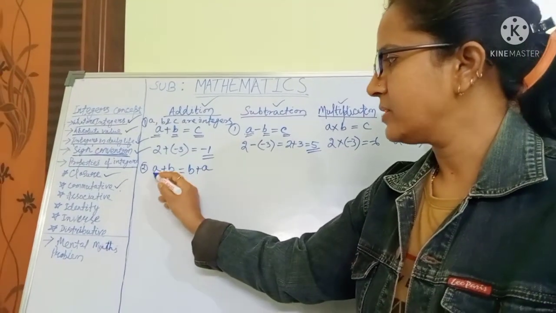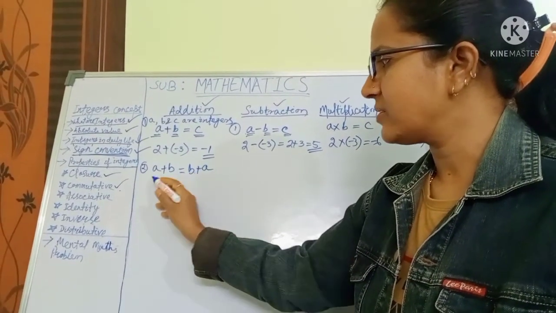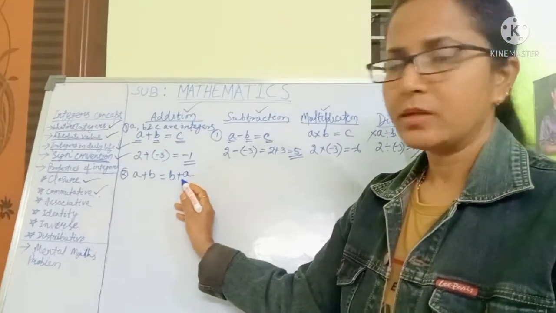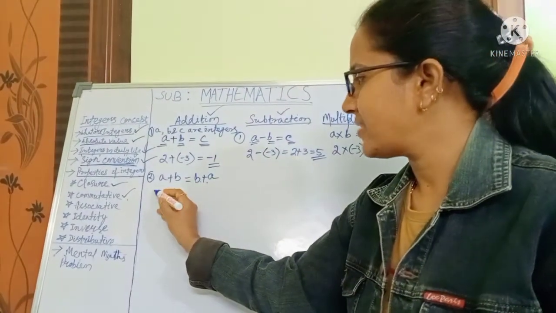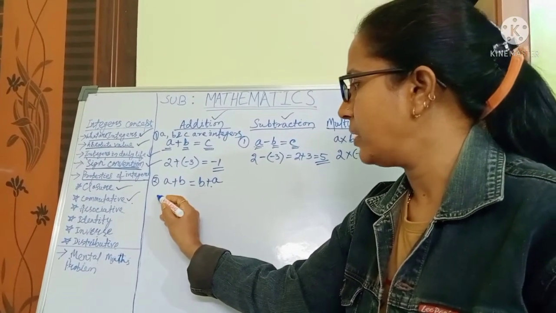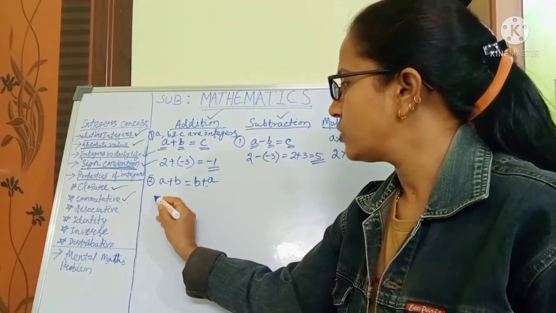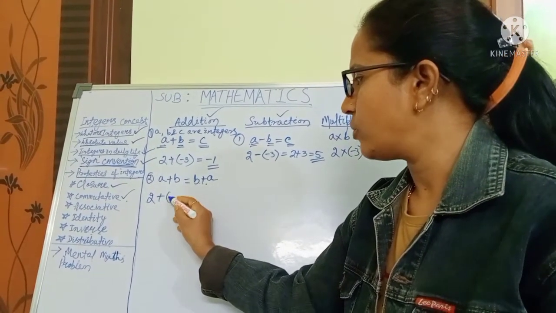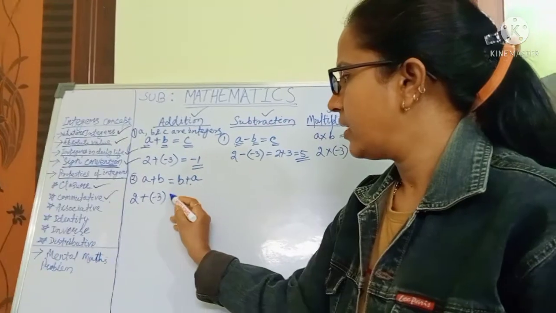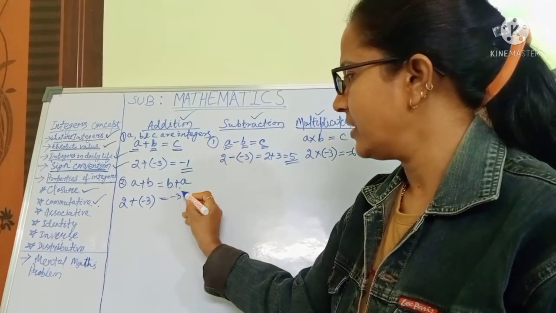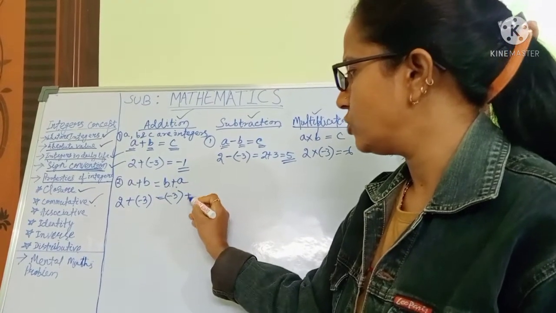That means if we change the place of the integers, the result remains the same. If I show you with an example, you will understand better. If we take a equal to 2 plus b equal to minus 3, and change the place, it will be minus 3 plus 2.